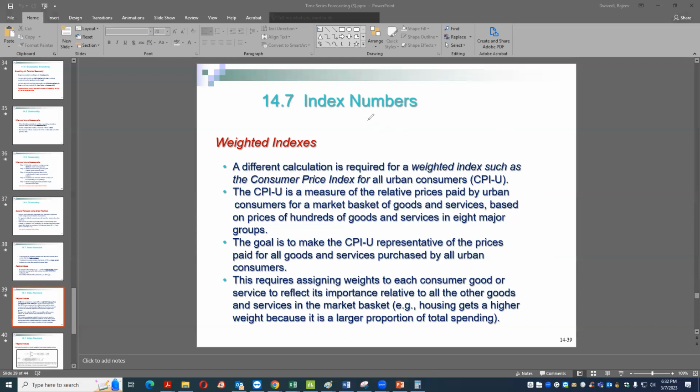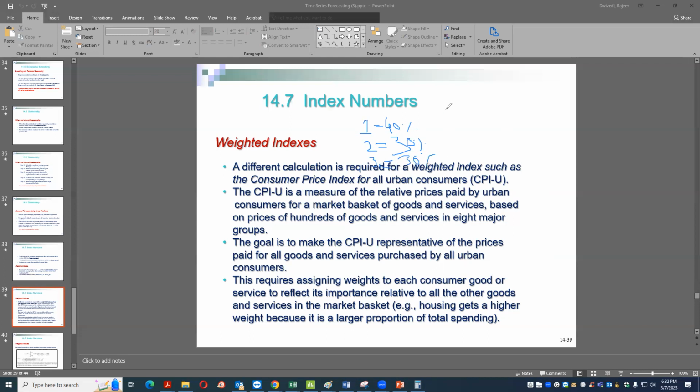So company one, let's say, is 40%. Company 2 is 30%, and company 3 is also 30%. So how can you do the index of this?